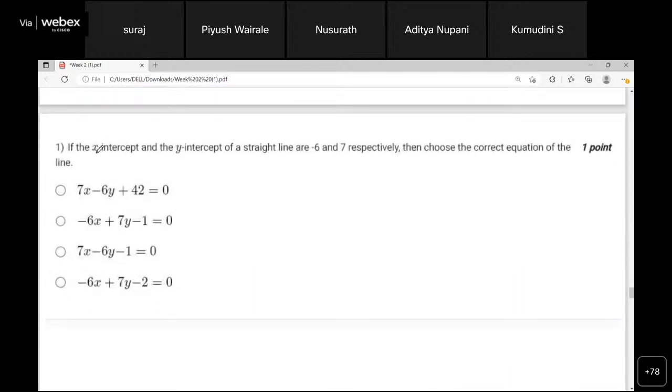Now next question: if the x-intercept and y-intercept of a straight line are minus 6 and 7, choose the correct equation of the line. We have just discussed the intercept form: x by a plus y by b equals 1. Now what is my a here? Minus 6. What is my b here? That is 7, equals 1.